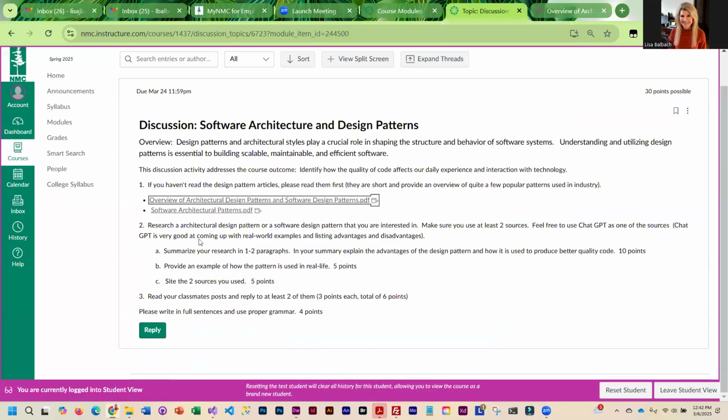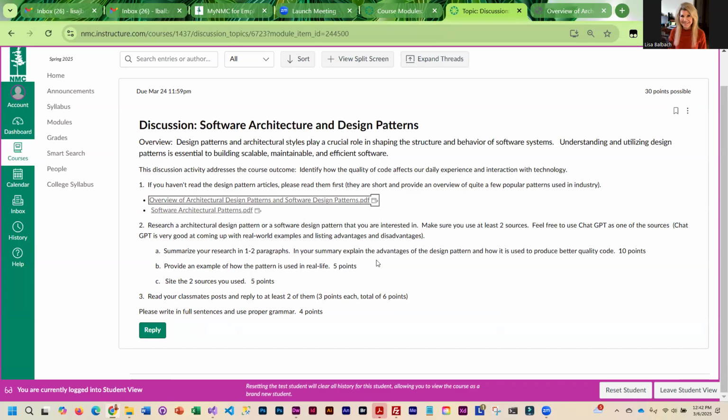So find either an architectural design pattern or a software design pattern you're interested in. You should use a couple different sources. ChatGPT can be a source. And summarize your research in one or two paragraphs.